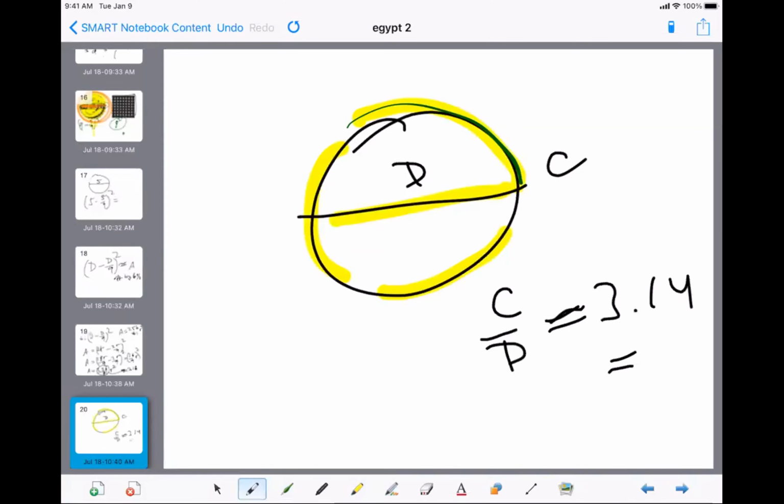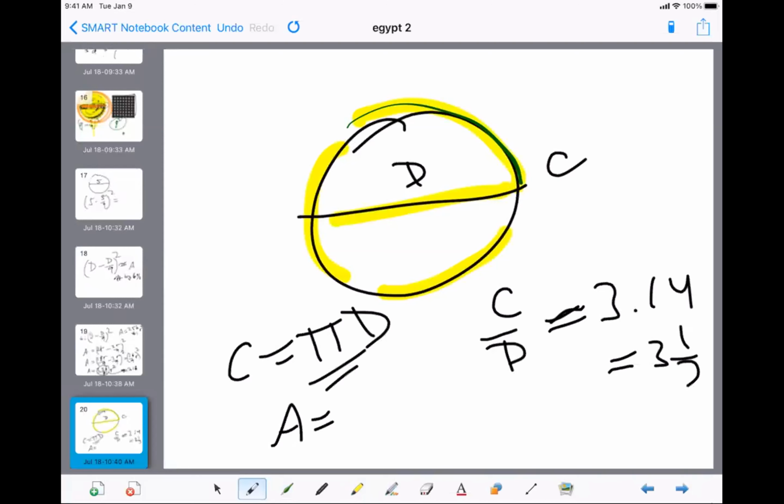And that's true. So circumference equals pi times diameter, of course, because that's just what pi means, how many diameters fit around a circle. And then later on, they figured out that pi is also involved. Archimedes figured out that that same pi, that 3.14, was also involved in the area of a circle.